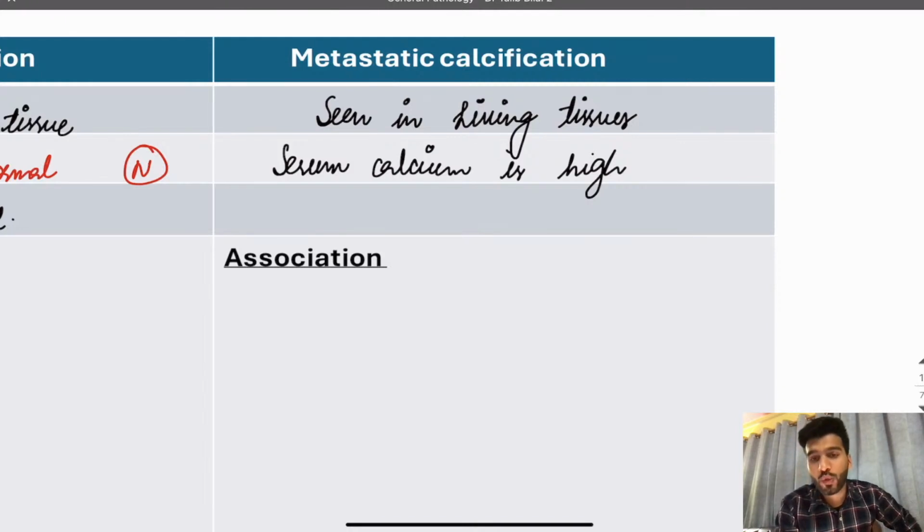Either you know, or you don't know. In hypocalcemia, calcium is less, you give calcium. What will you give in hypercalcemia? Tell me the answer.